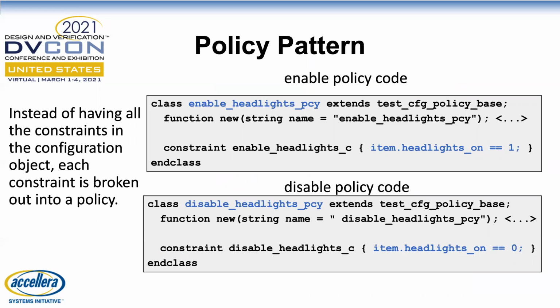Logically, only one of these would be used in a single test. If a mistake is made and both are used, the resulting constraint contradiction is easy to spot and remedy. Using this methodology, a test that doesn't use either of these policies would allow the headlights to be randomized to be either on or off.